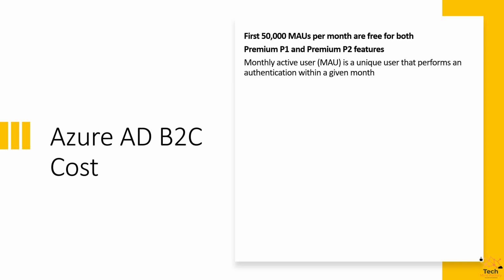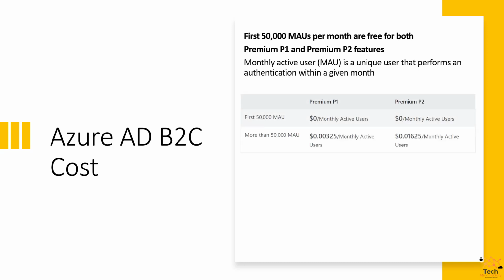I will display the table with the cost in a minute, but it's very important to mention that Azure AD B2C calculates the cost not per authentication operation count. It calculates cost based on the monthly active users. So how many users are active within one month? How many users performed at least one authentication within one month?